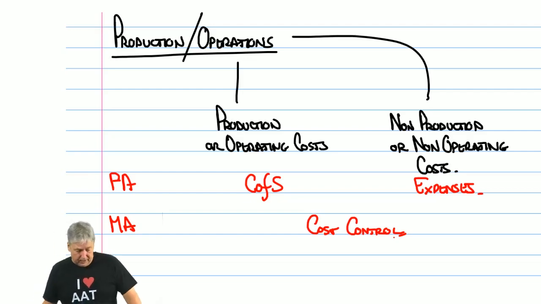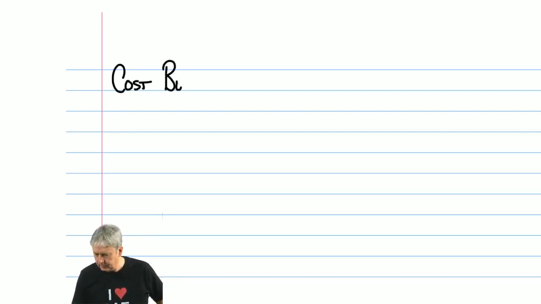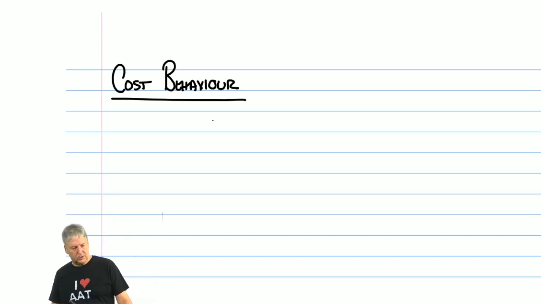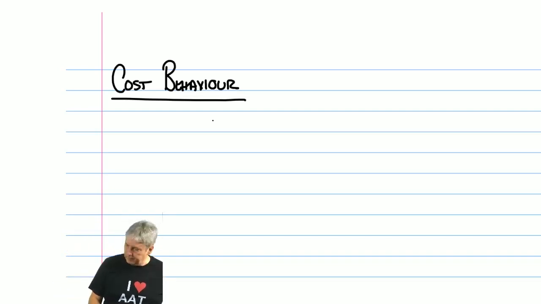Now, the other area that we've got to get terribly excited about is we've got to look at cost behaviour. You know, well and badly behaved costs. And when we look at cost behaviour, what we want to focus on, pardon me, I just have to go and find my ruler I had earlier. There we go.